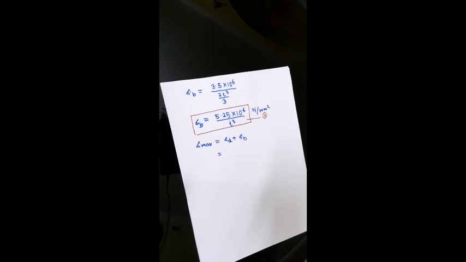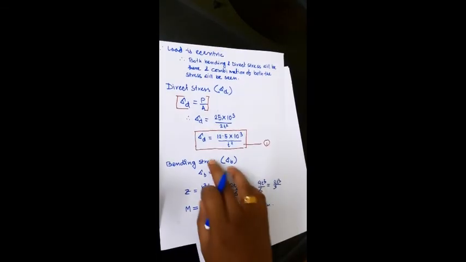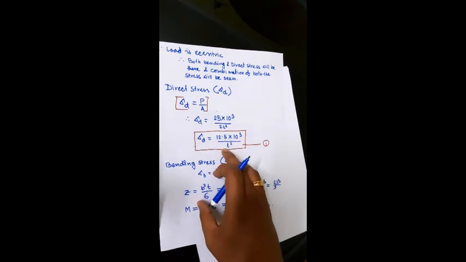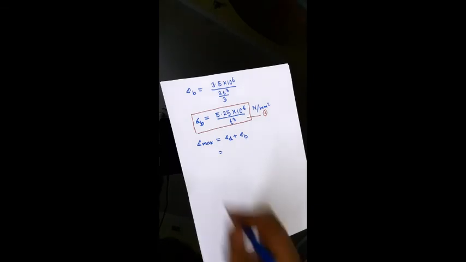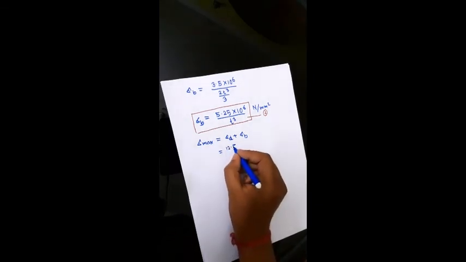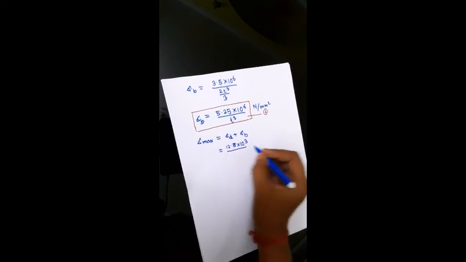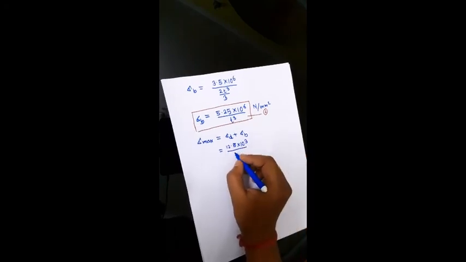Now from the previous equation number 1, we know the sigma d value is 12.5 into 10 to the power 3 by t square.